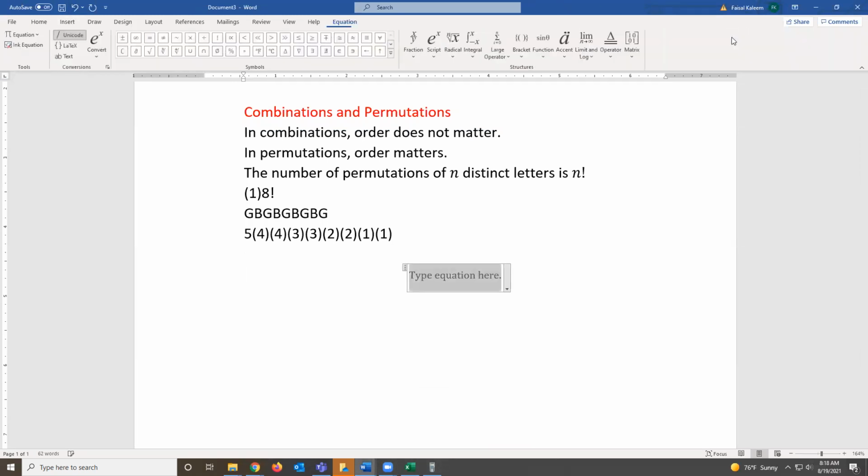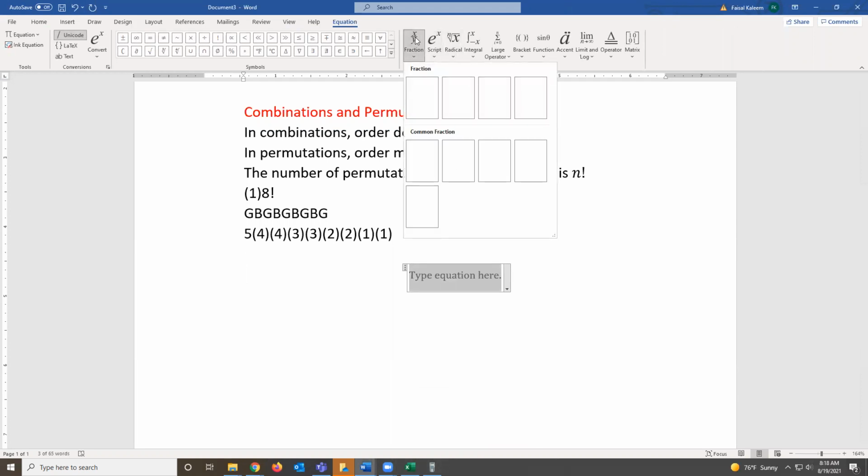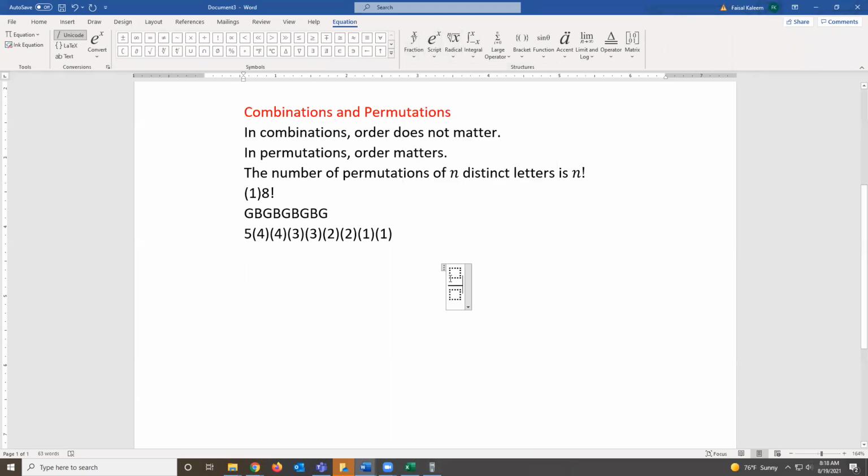But in this case, since there are 2 i's, the way we take care of that repetition is we still have 10 factorial in the numerator, but we divide out by 2 factorial because there are 2 i's. So if there were 3 i's, then we'll be dividing by 3 factorial.